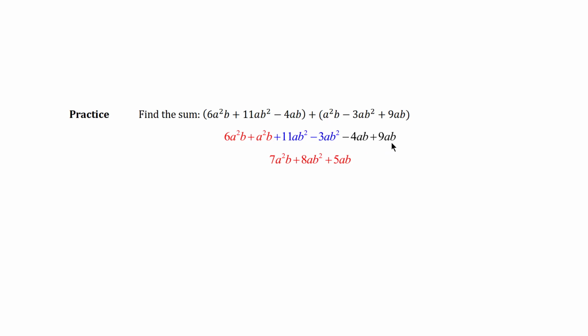Next we go ahead and simplify. 6a squared b plus a squared b is 7a squared b. 11ab squared minus 3ab squared is positive 8ab squared. Negative 4ab plus 9ab is positive 5ab. The final result is 7a squared b plus 8ab squared plus 5ab.